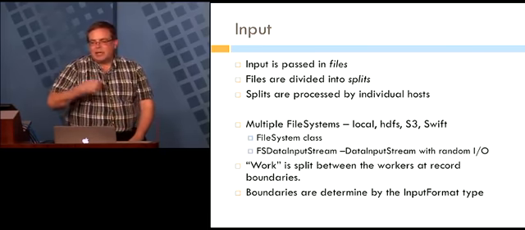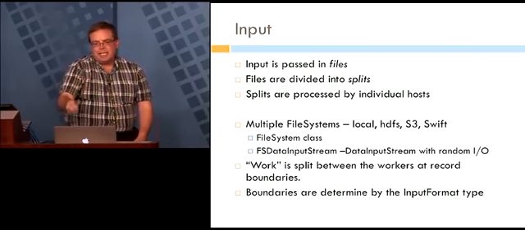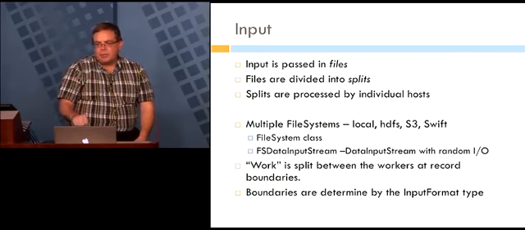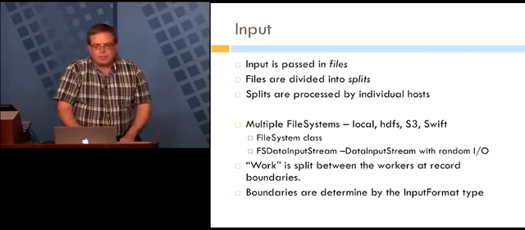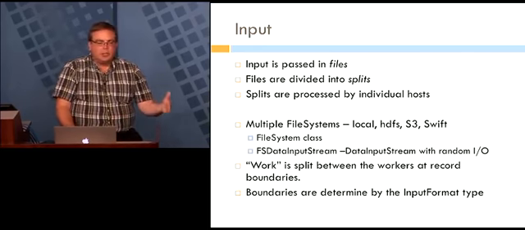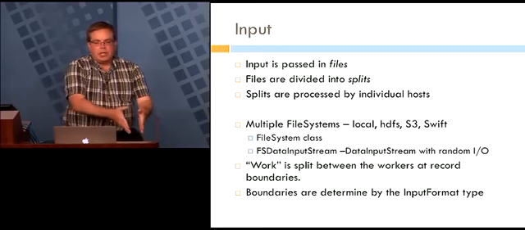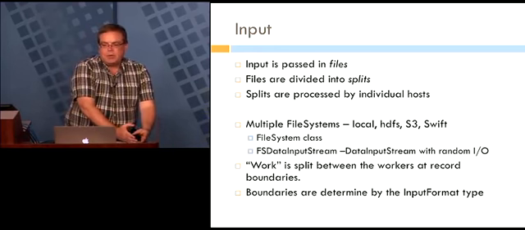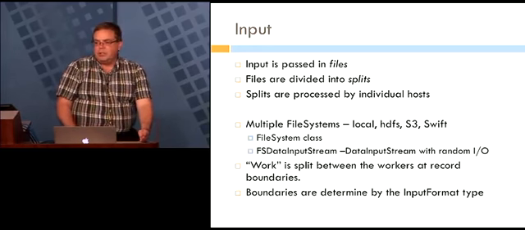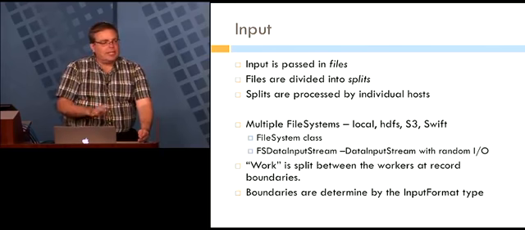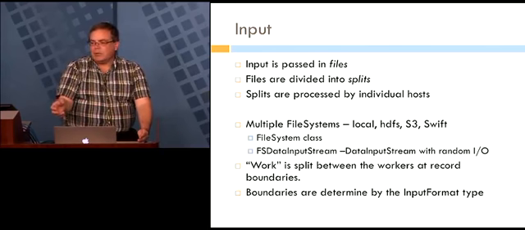You might have many instances of a mapper that run on the same host over time. There are many different file systems in the Hadoop setup that we have. You can have local file systems, like what's on your virtual machine, which isn't really useful except for trying something out.